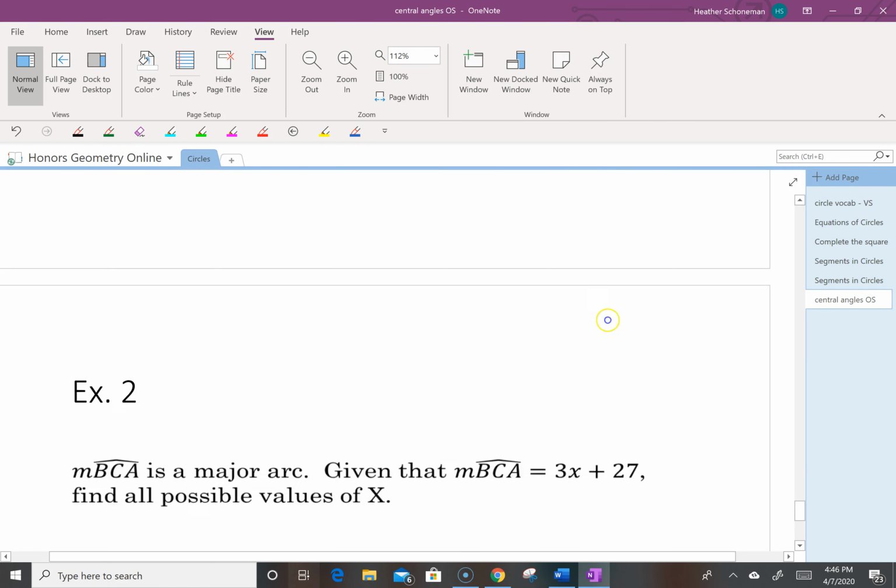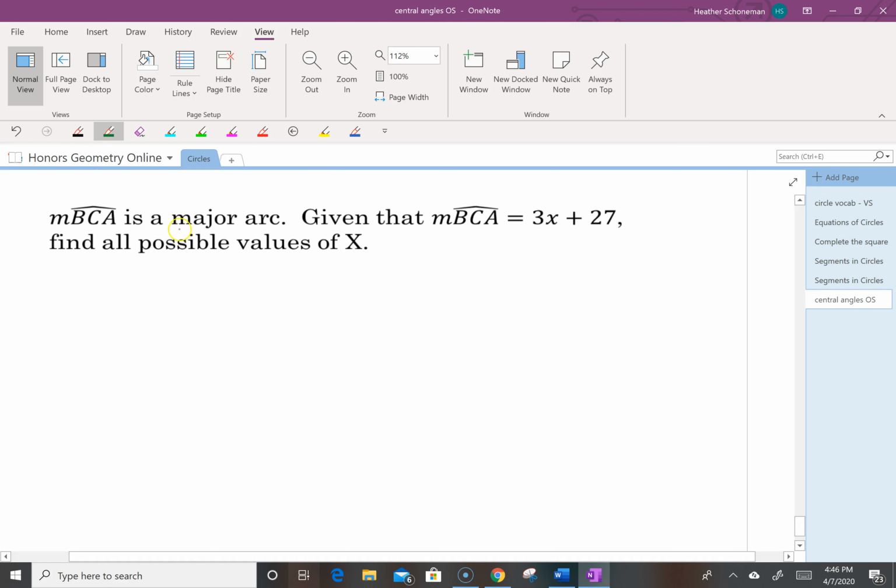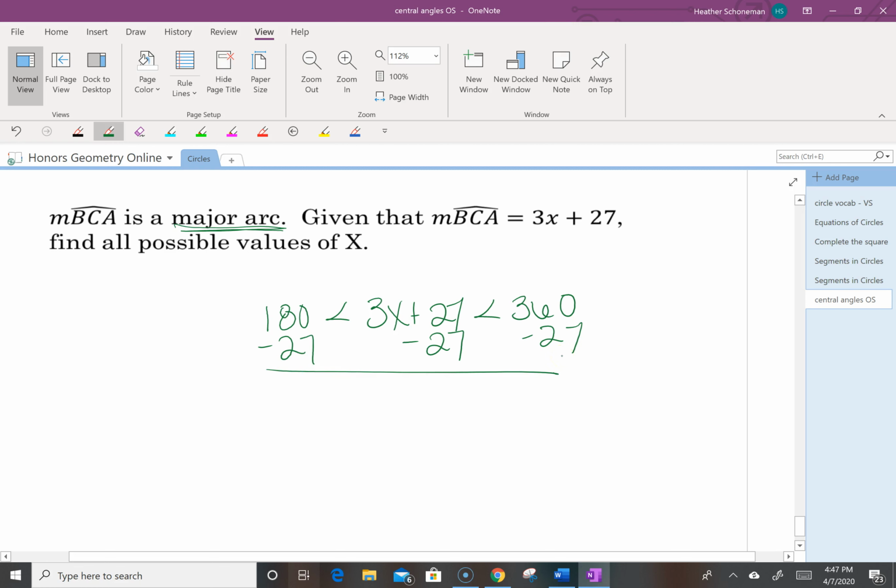Okay, one more. This time it's a major arc. So it's a major arc, it's going to be between 180 and 360. So to solve, we're going to subtract 27 from both sides. 180 minus 27 is 153.